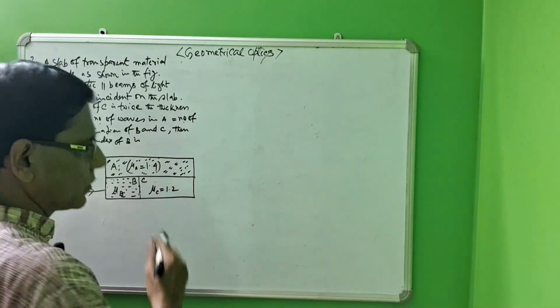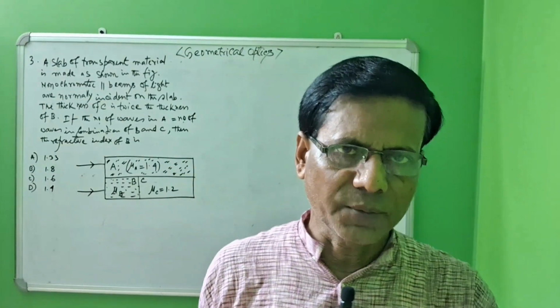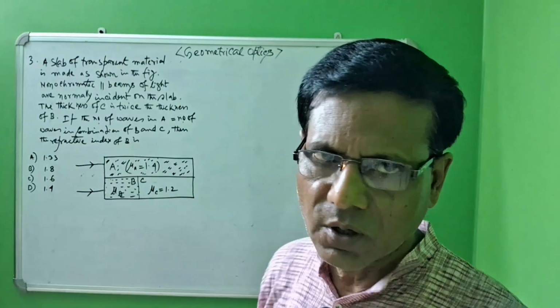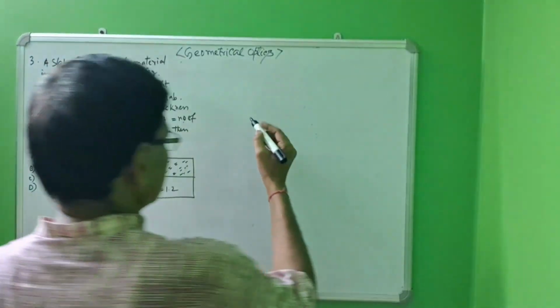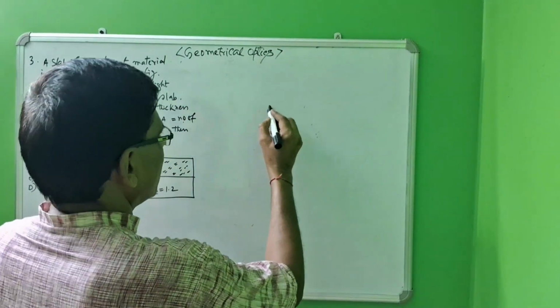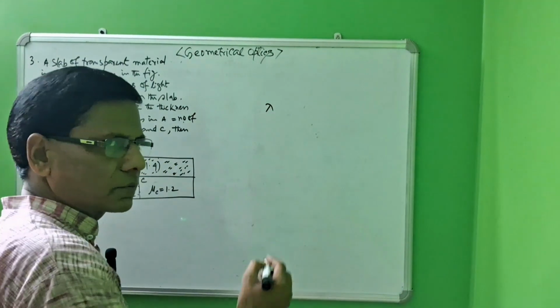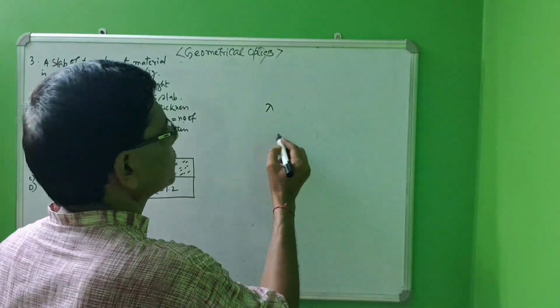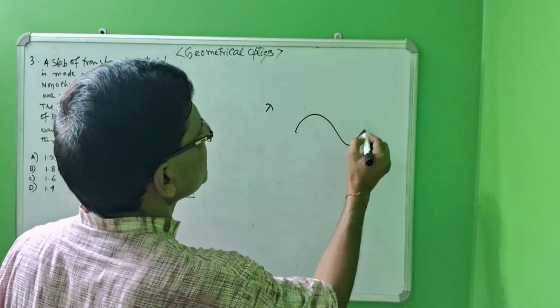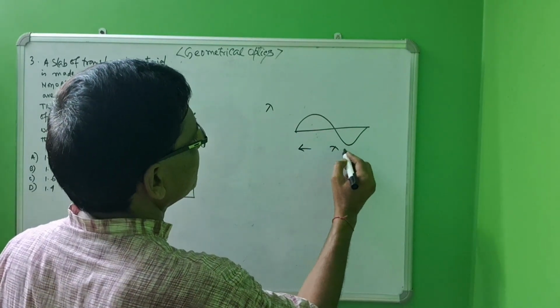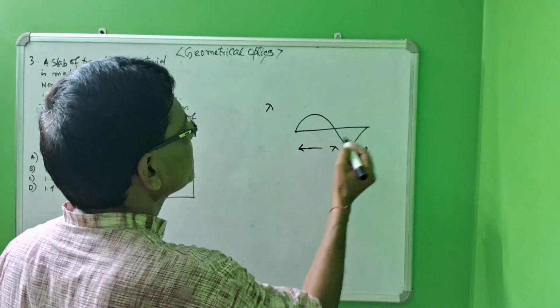We know the problem is based on wave number, the number of waves. Suppose the wavelength of a wave equals lambda. So what does lambda mean? Suppose this is a wave, this total length equals lambda.